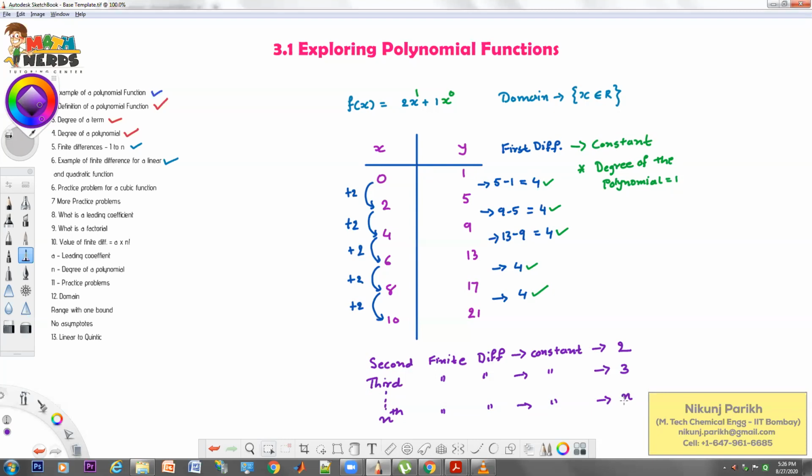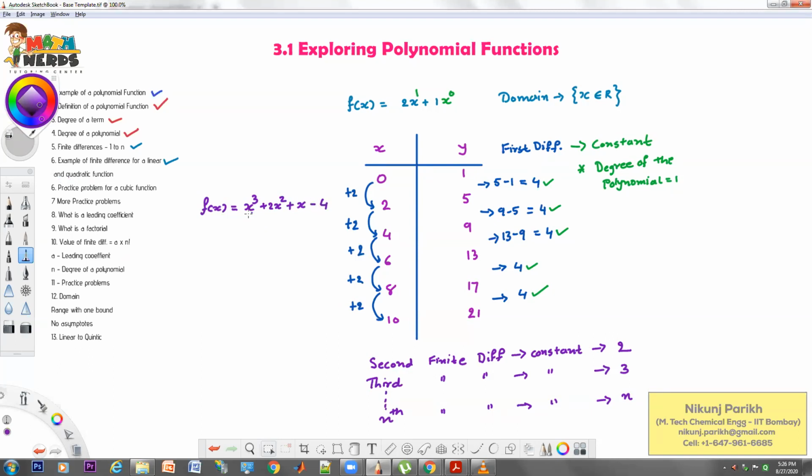Now I want you to verify this rule of finite difference. I have mentioned a quadratic function here, but let us go for a little bigger degree. Say f(x) equals x cubed plus 2x squared plus x minus 4.